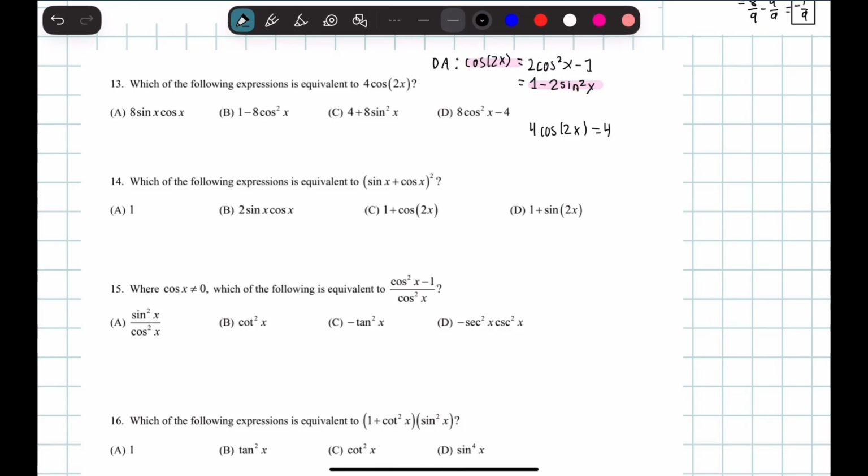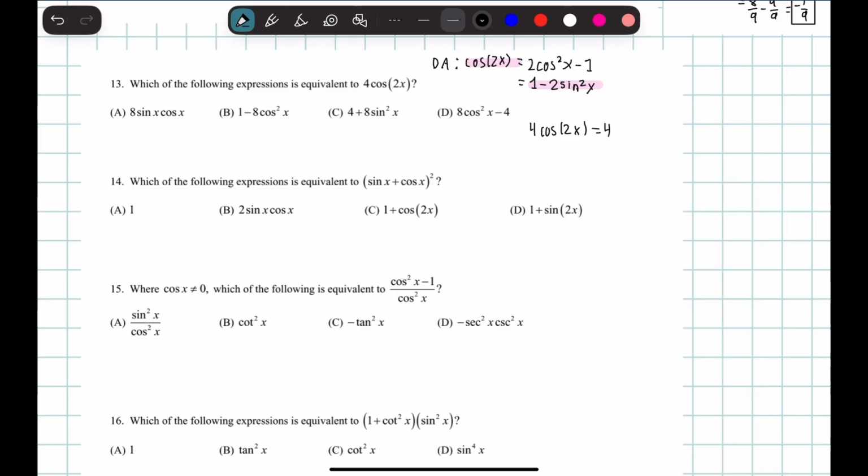Let's continue with question 13. Which of the following expressions is equivalent to 4 cosine 2x? We're going to use the double angle identity, which is cosine 2x equals 2 cosine squared x minus 1, and rearranging this, we get 1 minus 2 sine squared x.